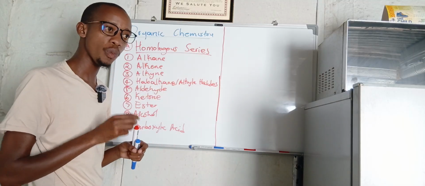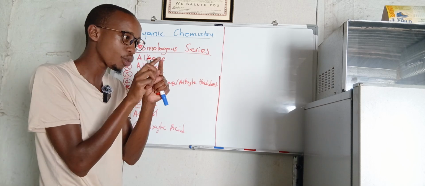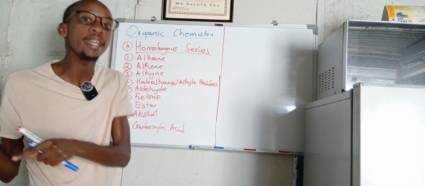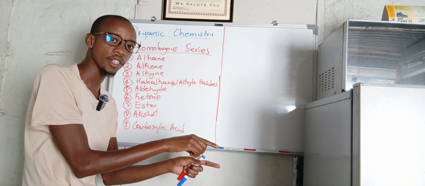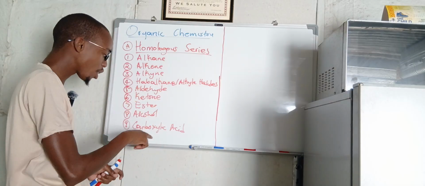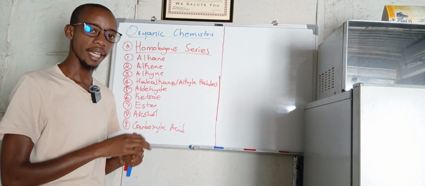A functional group will be that signifying factor, something that when you see this functional group, it tells you that you have to remember that this is an alkane. When you see this particular functional group, you have to remember this is an alkyne, the likes and the likes, until you reach the ninth one, which is a what? A carboxylic acid.